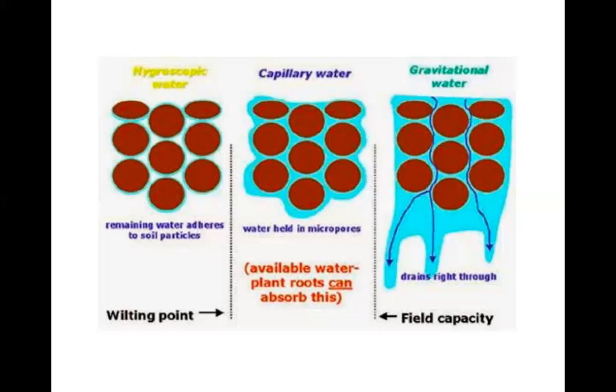So don't worry about the numbers of the force, the angstrom number. It's just to tell you that the drier it is, the higher the water potential. The lower the water potential, the wetter the condition, the soil moisture.